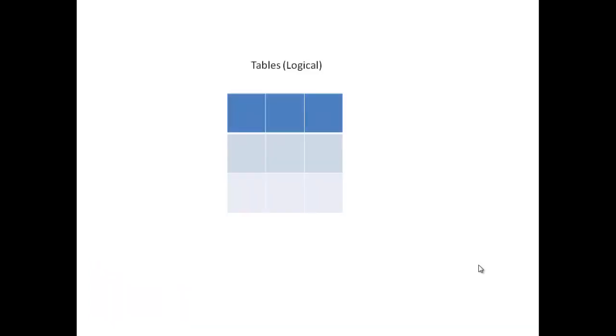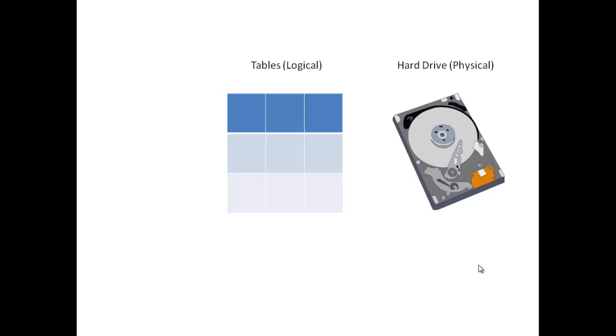If you think about it, most of the data warehouses or the reporting solutions store data in tables, which are just logical representations of data, but the actual storage is in hard drives or some other physical location.